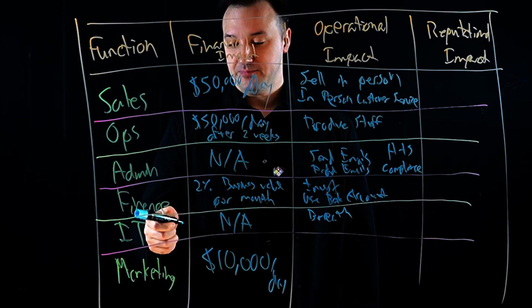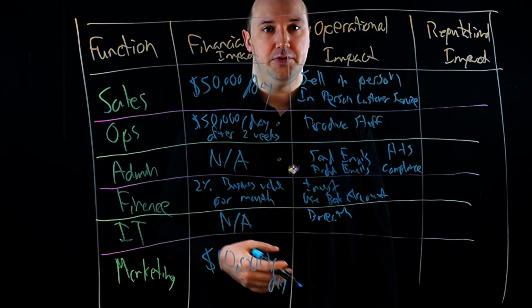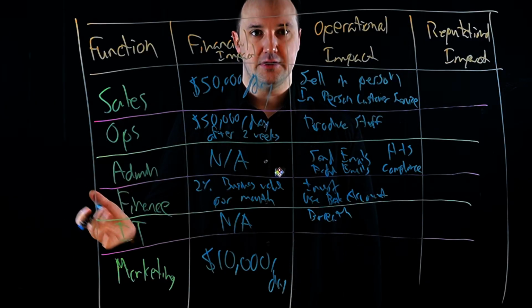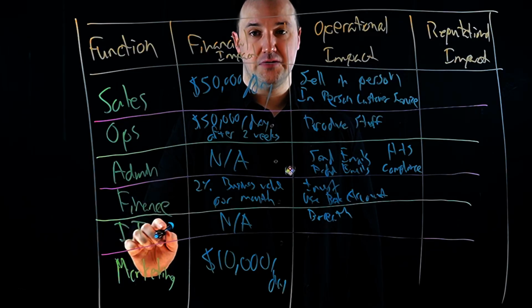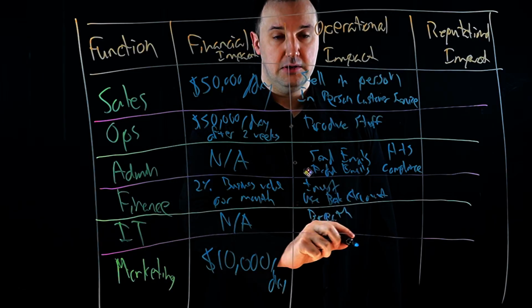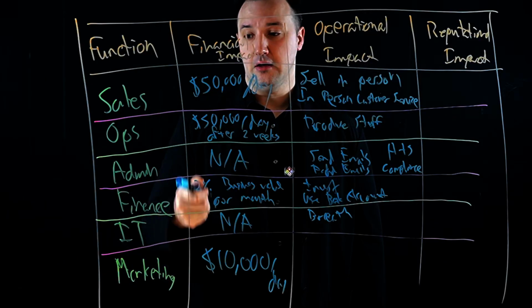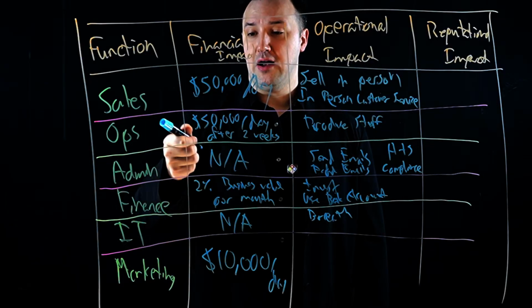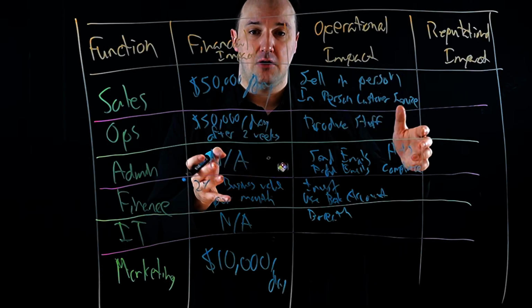Now look, if I don't have IT, I can't use this computer. If I don't have IT, I can't do da-da-da-da-da. It's not "if I don't have IT, I can't sell." It's specifically, what's the thing I can't do? You may be able to do some of this stuff without IT. A lot of ops functions will require IT to keep a record of something, but maybe analog or independent.